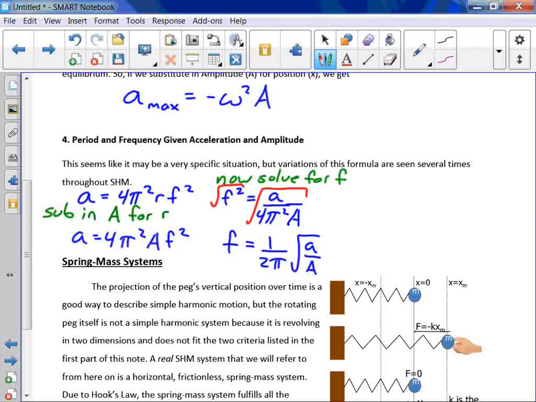So this equation gives the frequency, and we're going to flip everything when we get the period, of an object undergoing simple harmonic motion.